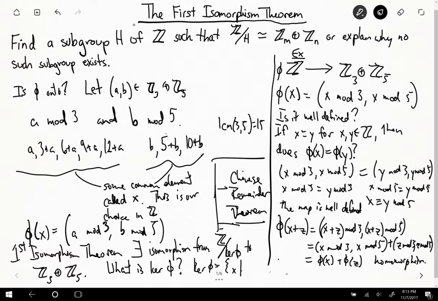Kernel phi is a set, so we'll say x such that x is congruent to 0 mod 3 and x is congruent to 0 mod 5. Okay? So notice what happens now. If you have x congruent to 0 mod 3 and x congruent to 0 mod 5, when does that occur? Well, if it's a multiple of 3 and a multiple of 5, that means it has to be a multiple of 15.